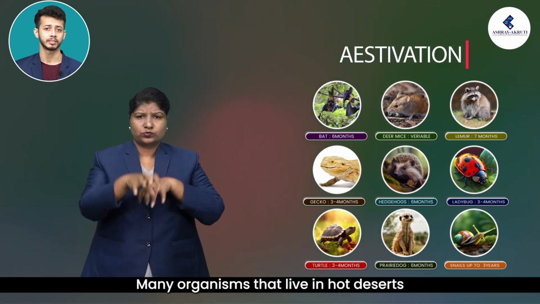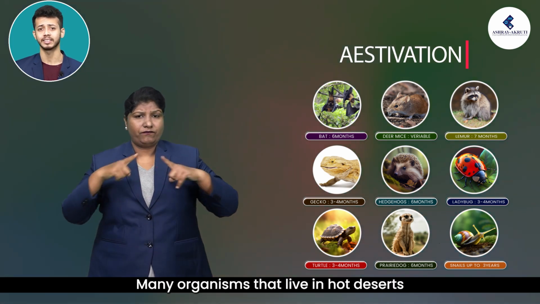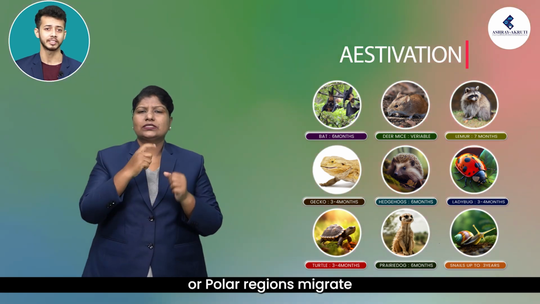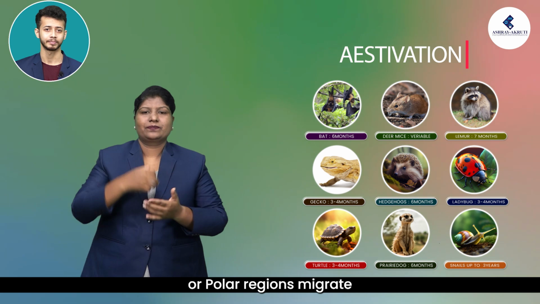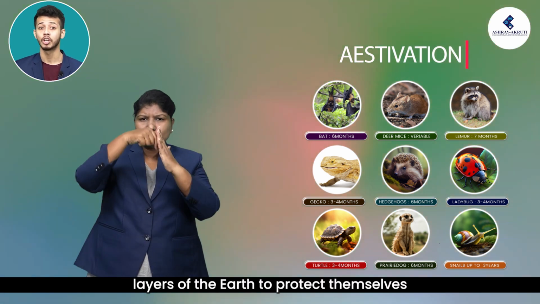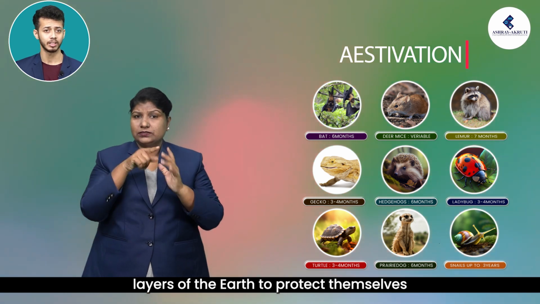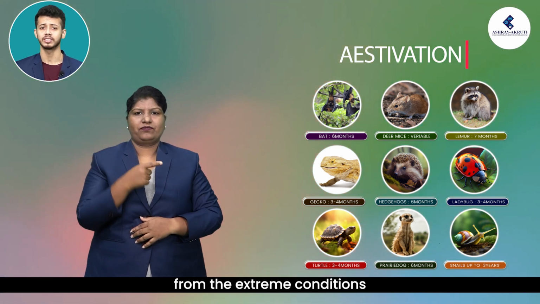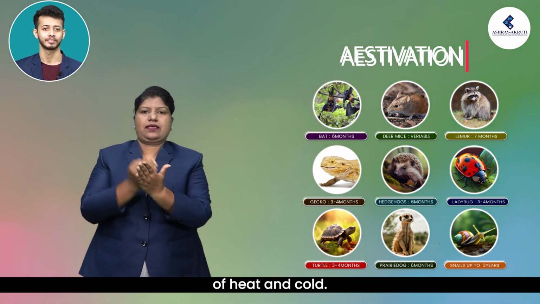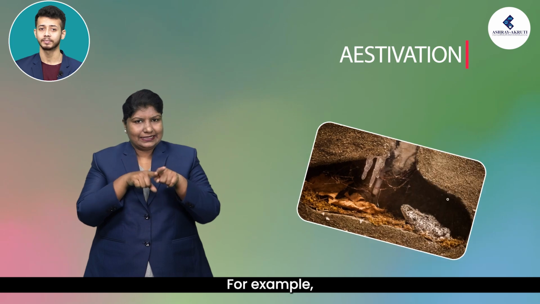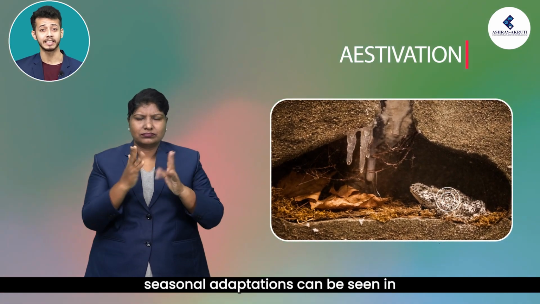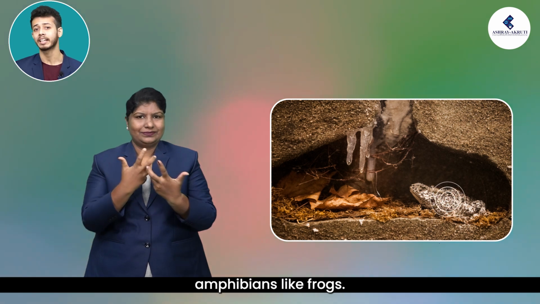Many organisms that live in hot deserts or polar regions migrate to the deeper layers of the earth to protect themselves from the extreme conditions of heat and cold. For example, seasonal adaptations can be seen in amphibians like frogs.